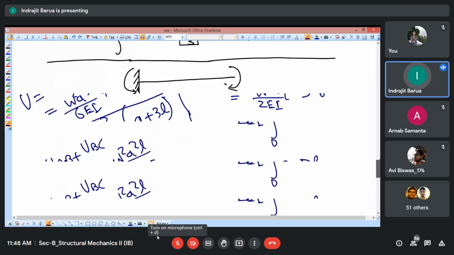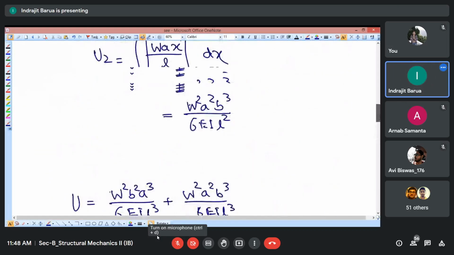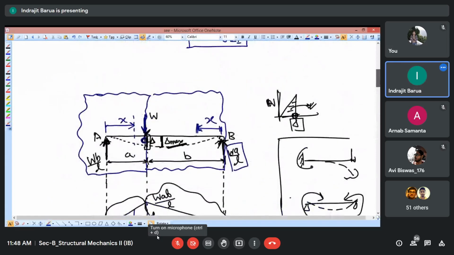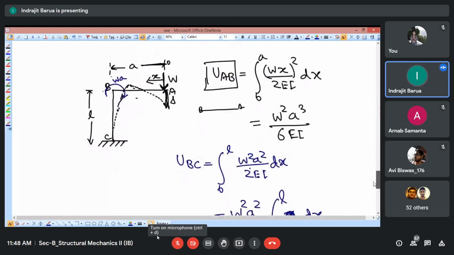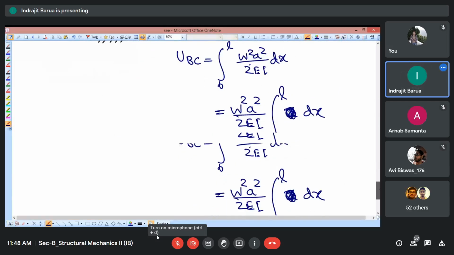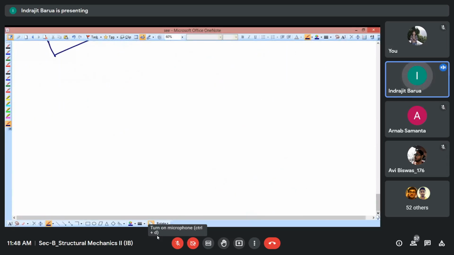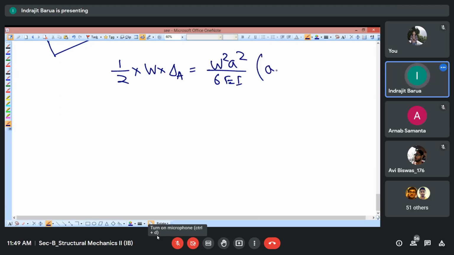But what we were interested to know is this delta. So delta at A we are interested to know. Here we can use the force displacement relationship, half into W into delta A equals this expression, W square A square by 6EI into A plus 3L.